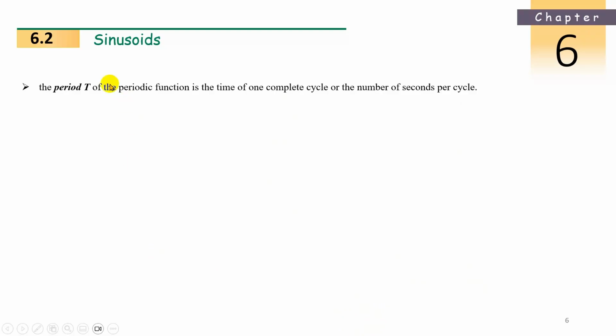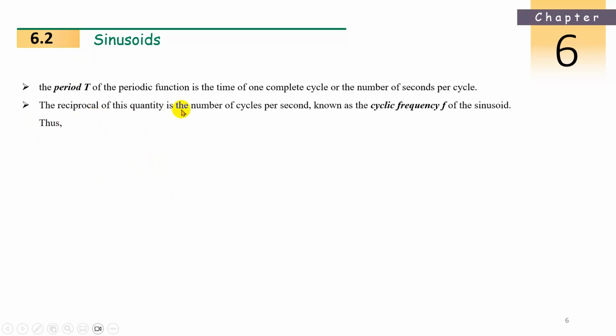That is called period T, or we can also say time period T. The reciprocal of this quantity, 1 divided by T, is the number of cycles per second.